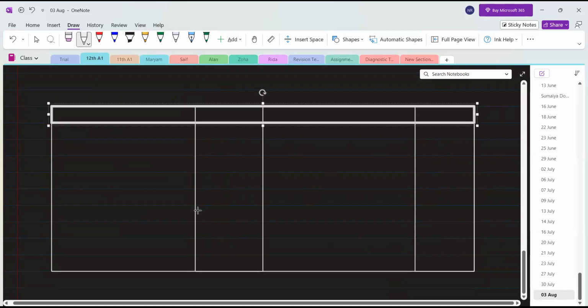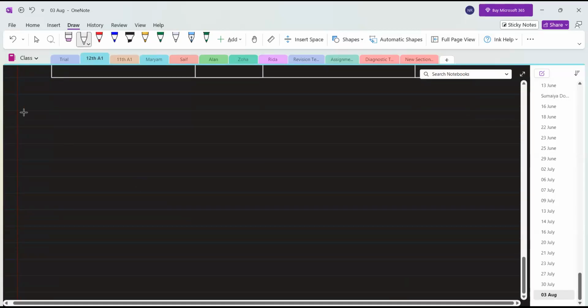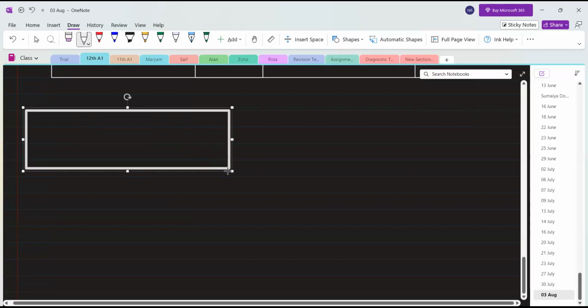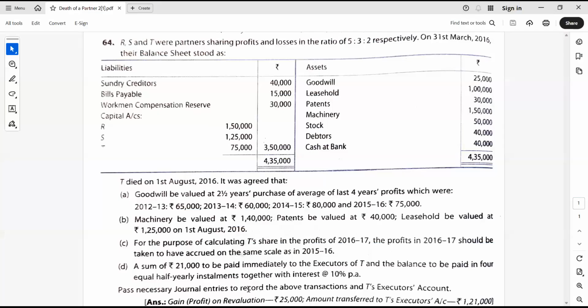Then balance sheet they are asking. Only journal entry and T executor account. Okay.